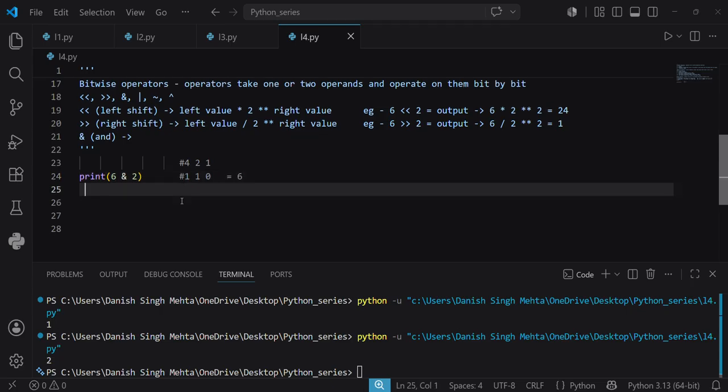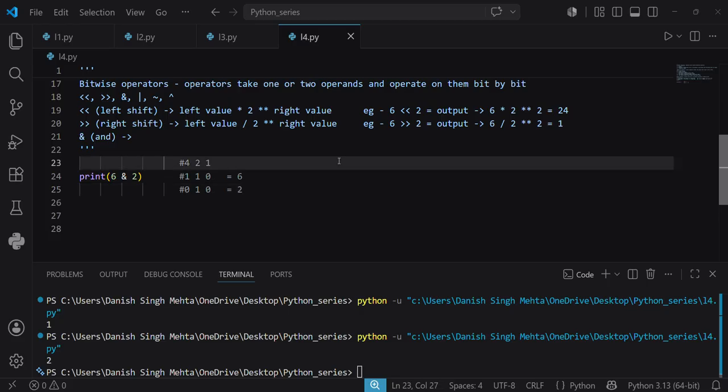And if I write 2 in binary form, this is 2. So the AND operator basically means we will compare bits by position. Like here we have 0, and also 0, so we will compare.